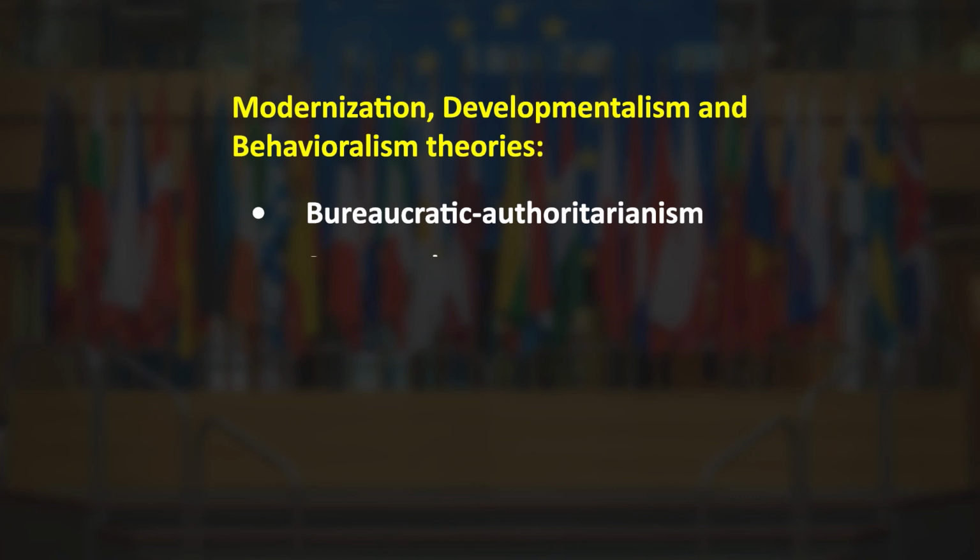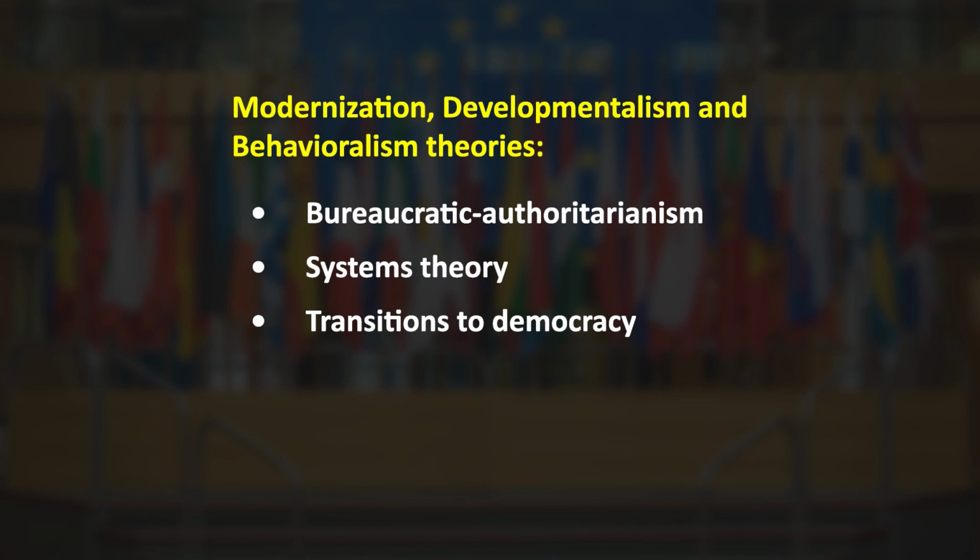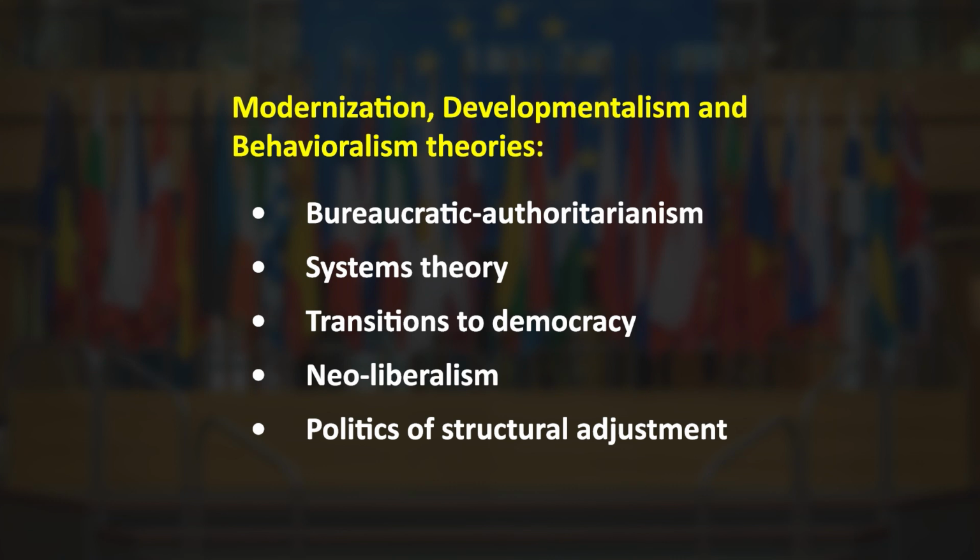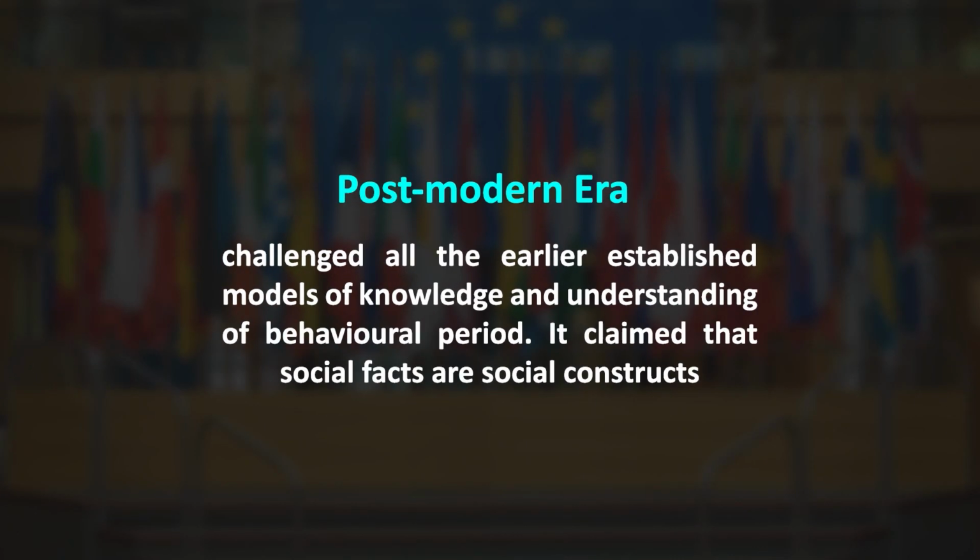These theories included bureaucratic authoritarianism, systems theory, transition to democracy, neoliberalism and the politics of structural adjustment. The postmodern era challenged all the earlier established models of knowledge and understanding of the behavioral period. It claimed that social facts are social constructs.